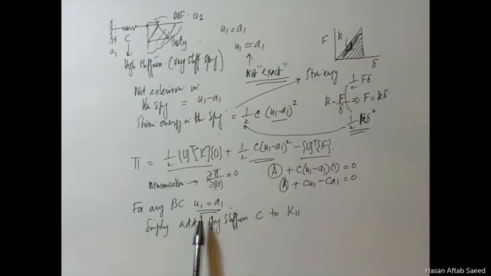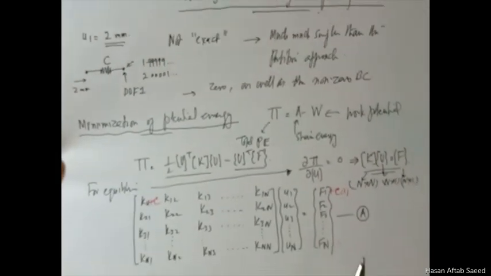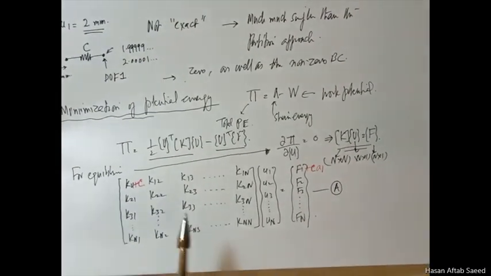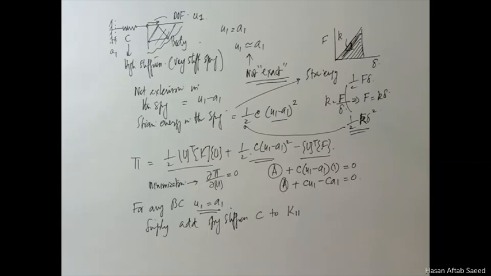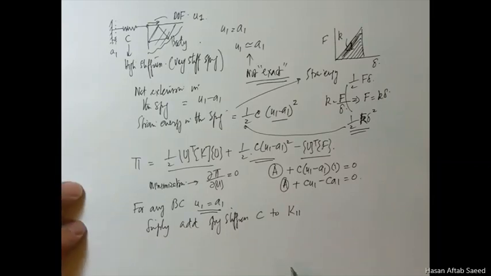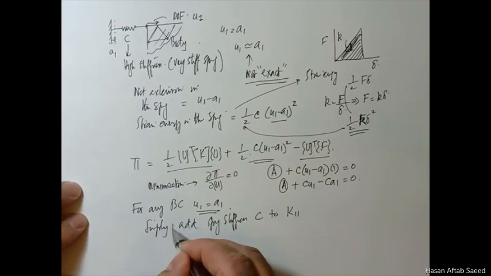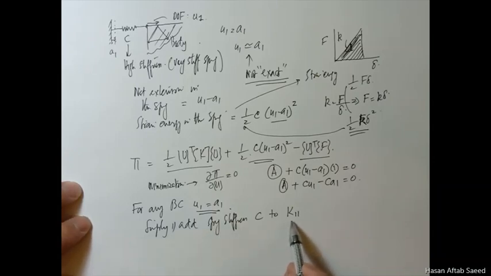If it was u2 is equal to a2, for example, then you would have added C here, to K22. So this can be extended to all the degrees of freedom. This is simply number 1, add spring stiffness C to K11.